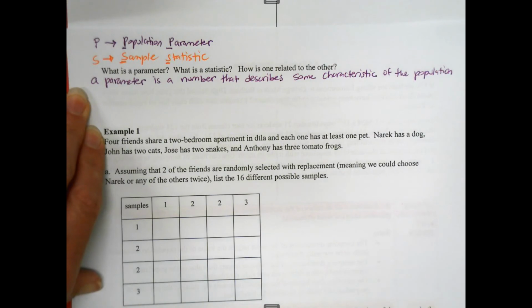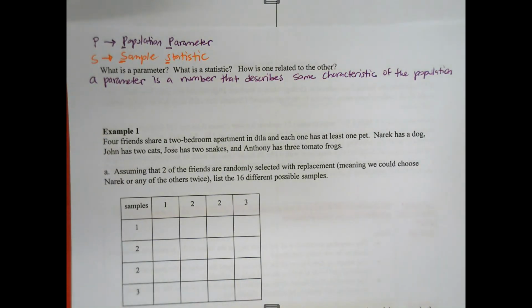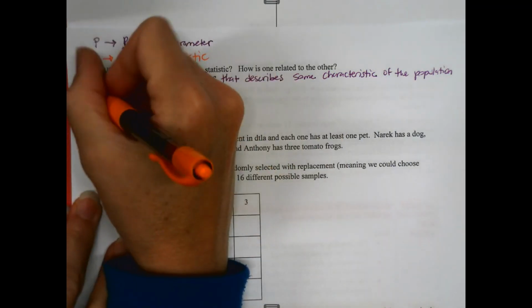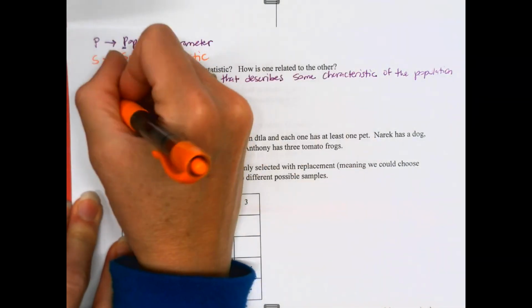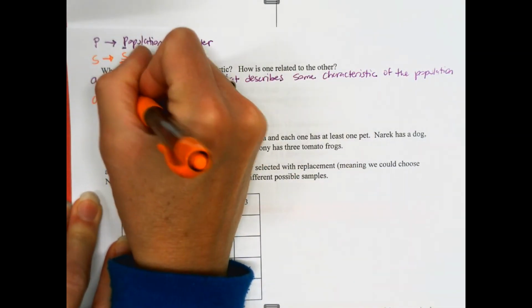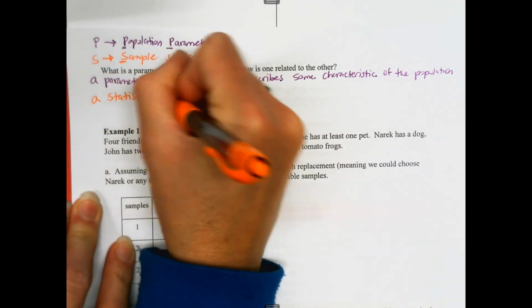For example, the mean, the median, the standard deviation, those are all numbers that describe a characteristic of a population. A statistic is the same thing.